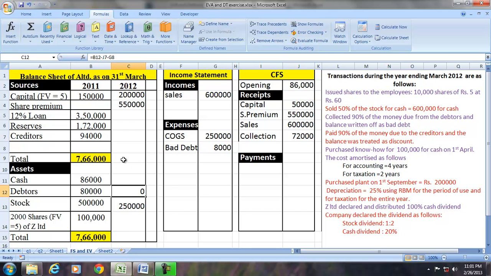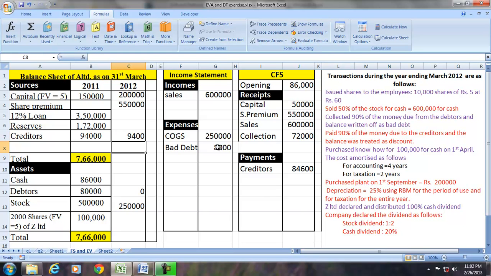Paid 90% of the money due to the creditors, so 90% of 94,000, 0.90, is a payment, and the reduction of creditors is not an expense.